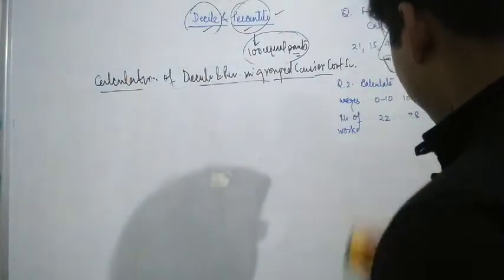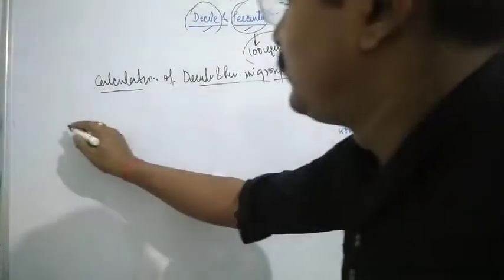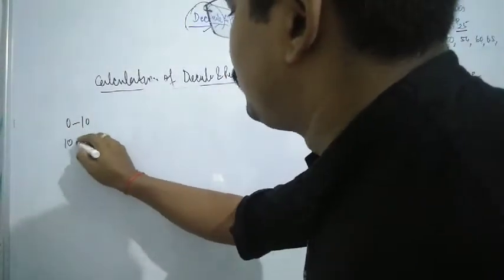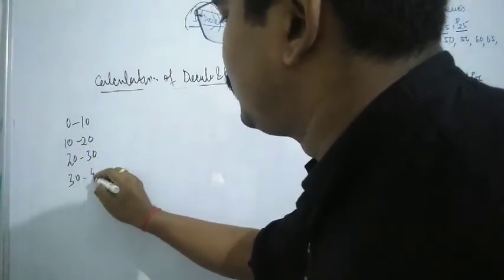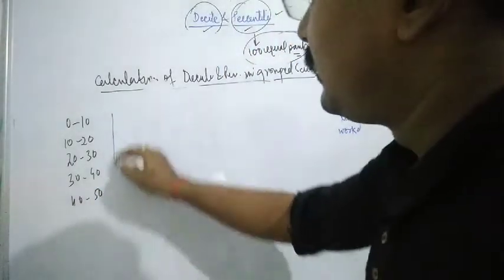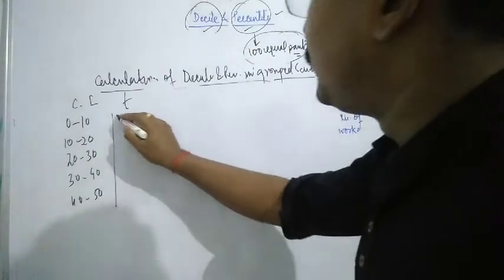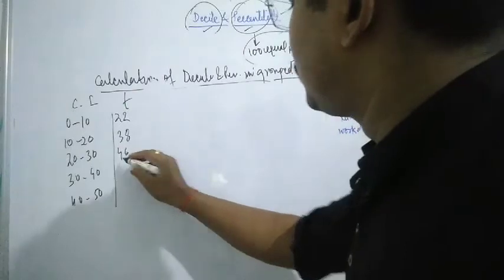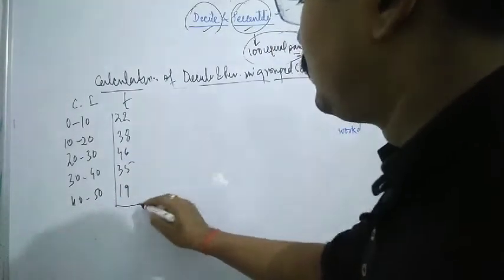Here I have a question of a group series, given with the class intervals 0 to 10, 10 to 20, 20 to 30, 30 to 40, 40 to 50. Frequency is also given: 22, 38, 46, 35 and 9.